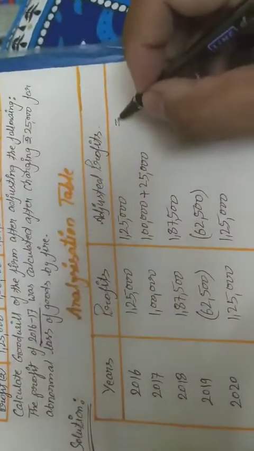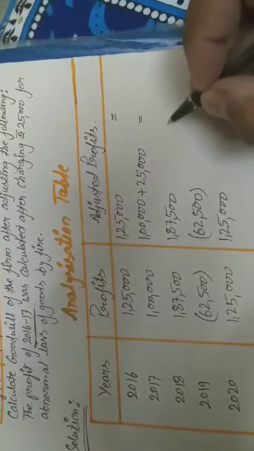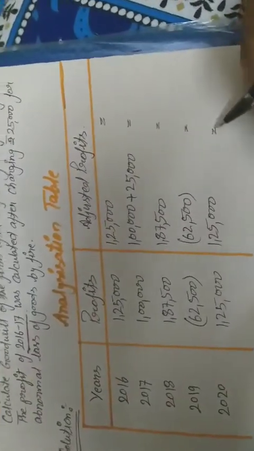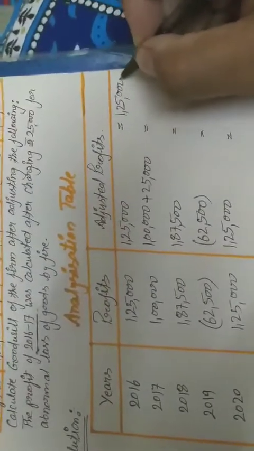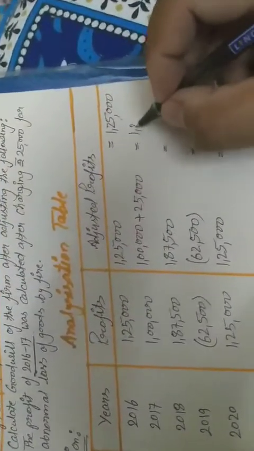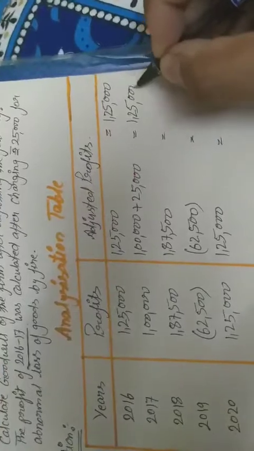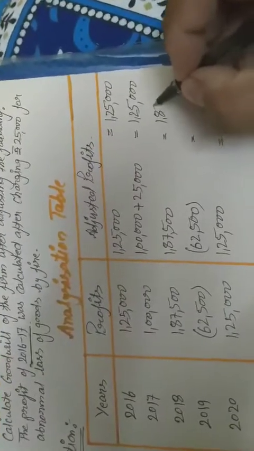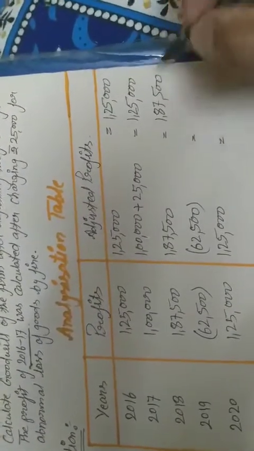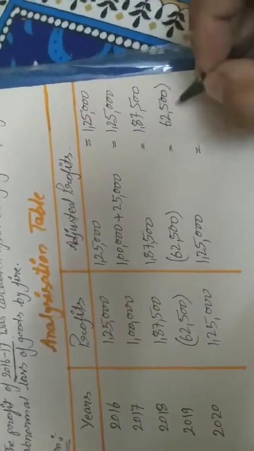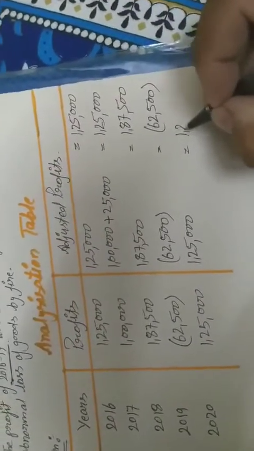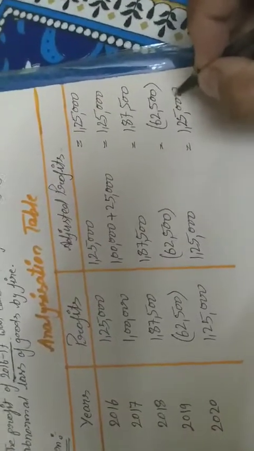Now the final profit will be 1,25,000, 1,25,000, 1,87,500, and it is a minus amount 62,500 because it is a loss, and 1,25,000. Now we will calculate the exact net profit or total profit of these 5 years.